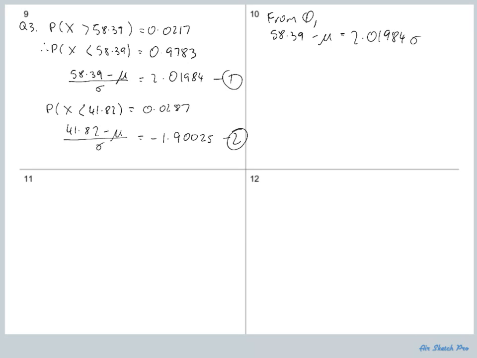So here I'll just multiply both sides by sigma. And from 2, what was it? 41.82 minus mu is equal to negative 1.90025 sigma. And these are the ones that you'll put into your calculator.